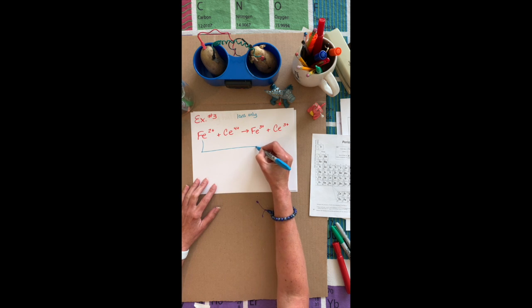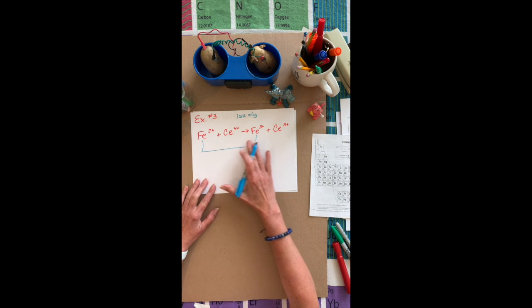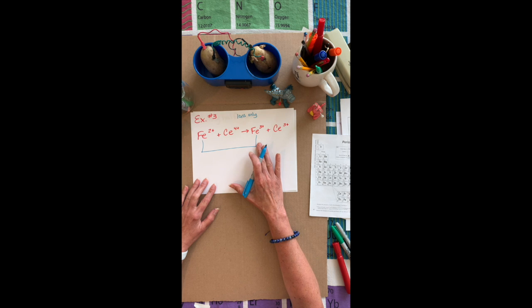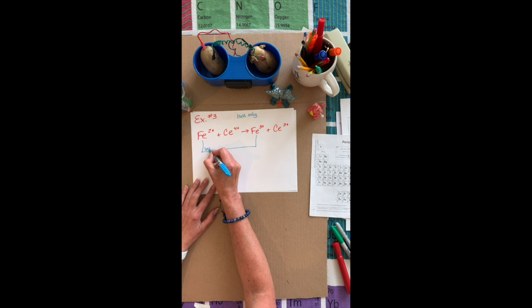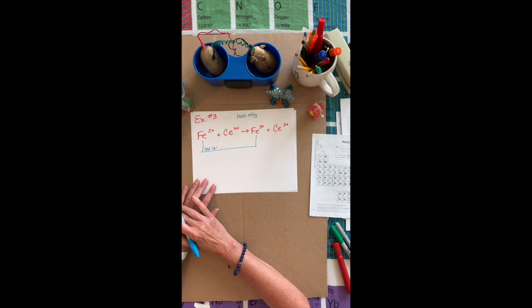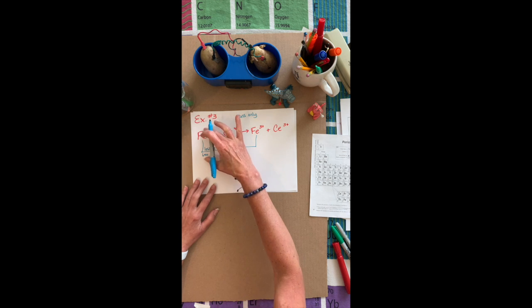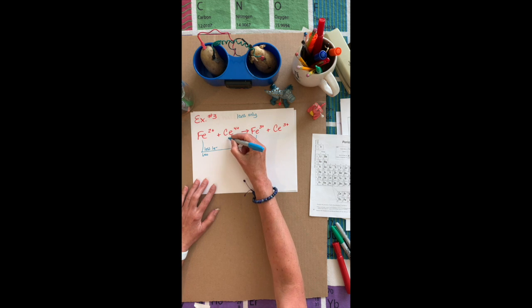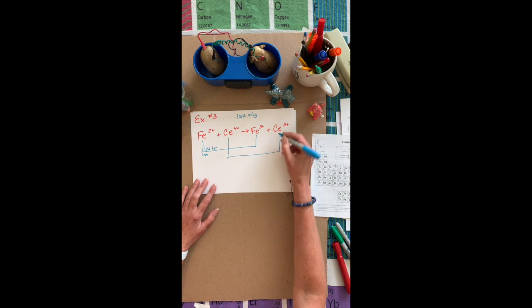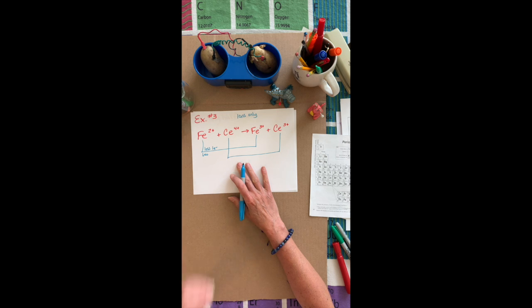Let's connect that. Iron 2 has become more positive. Therefore, it must have lost 1 electron. That is LEO. Loss of an electron, it's oxidized. Cerium, on the other hand, had to grab an electron.